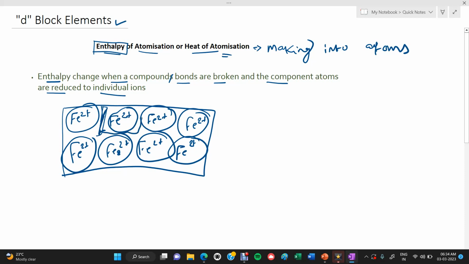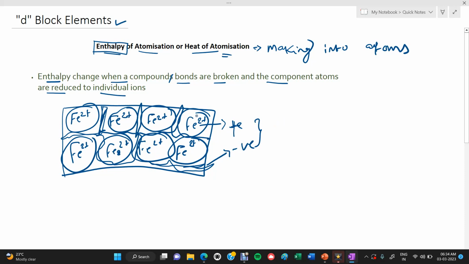Wherever the spaces are available, the electrons are freely moving inside the spaces between the iron atoms. So here, the iron is positive and this electron cloud is negative. So there is force of attraction between the positive and negative, right?